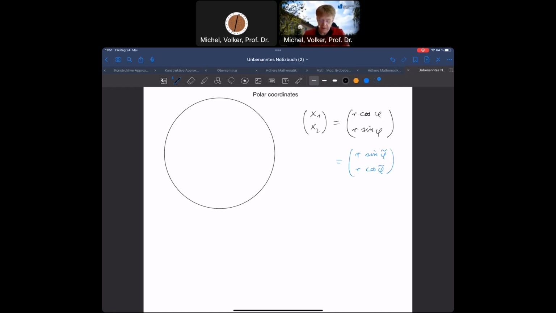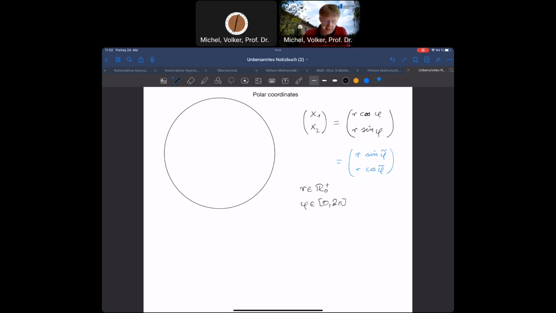So certainly, if you're in the whole space R2, then you would say r is in R0 plus, and you can choose the phi, for example, in between 0 and 2 pi, and that's what you usually find in mathematics. That's what mathematicians usually use, an interval from 0 to 2 pi. But you can use any interval that has the length of 2 pi. And you have to be aware that the starting point and the final point give you the same coordinates.